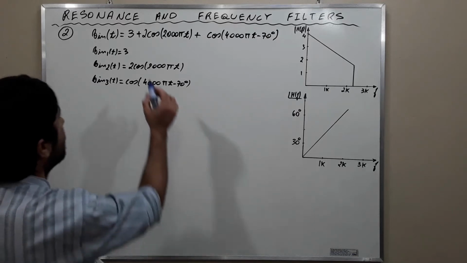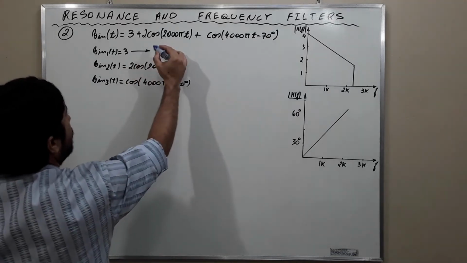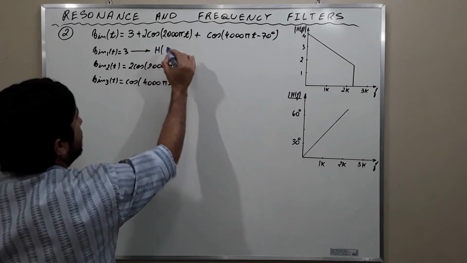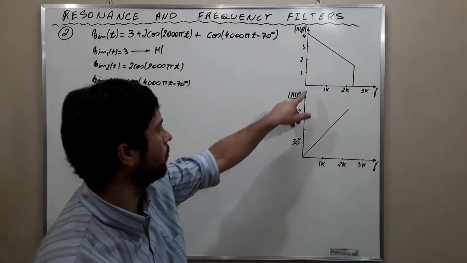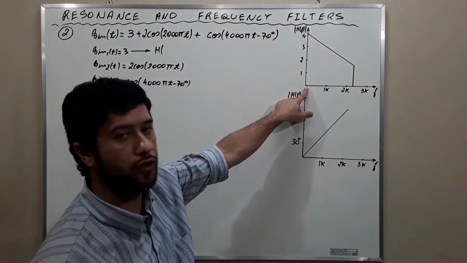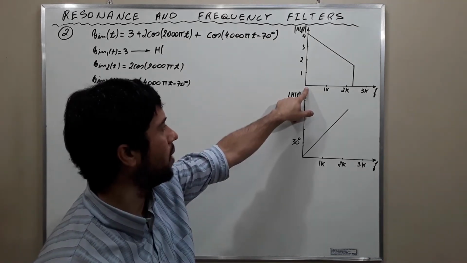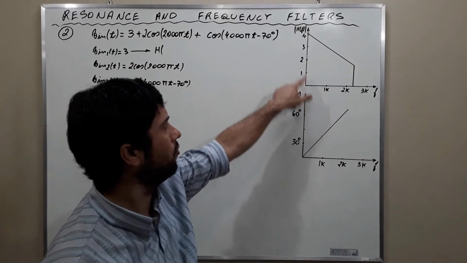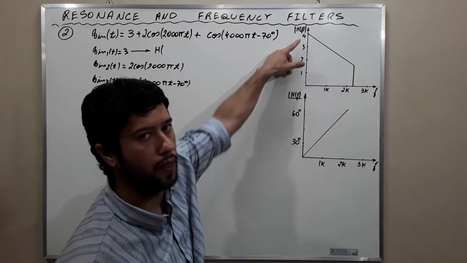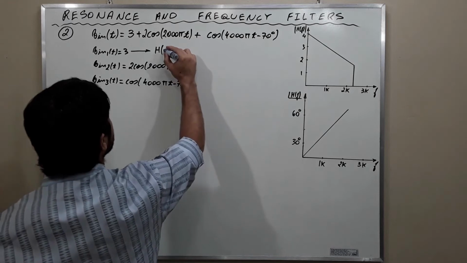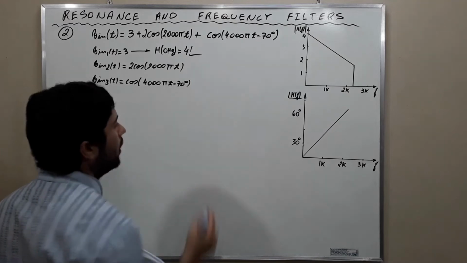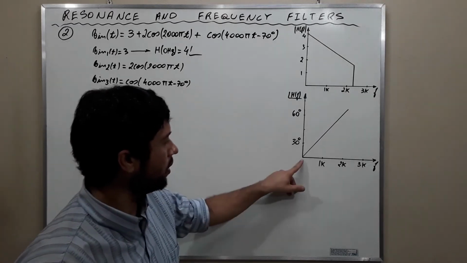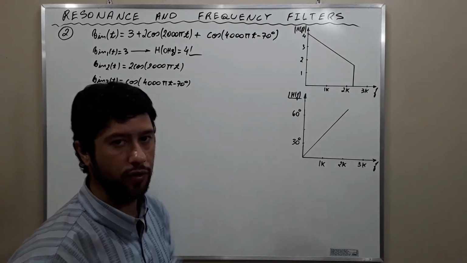For the first component, the frequency is 0. For the frequency of 0 hertz, the magnitude is 4, and the angle for 0 hertz is 0 degrees.